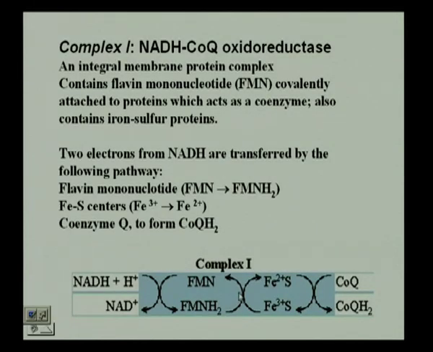So, when you have the 2 H atoms taken up here, the 2 electrons are taken up by Fe3 plus, then what happens to Fe3 plus? It forms Fe2 plus. Then what did we learn about coenzyme Q? Coenzyme Q can take up these 2 electrons and form coenzyme Q H2, which is the quinol form.